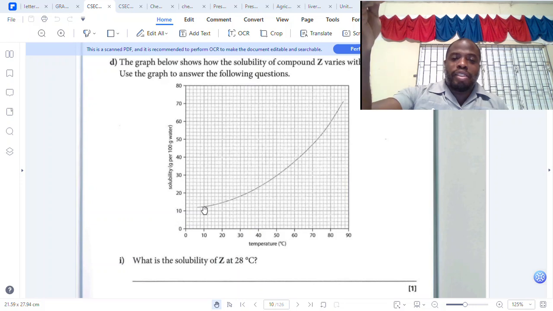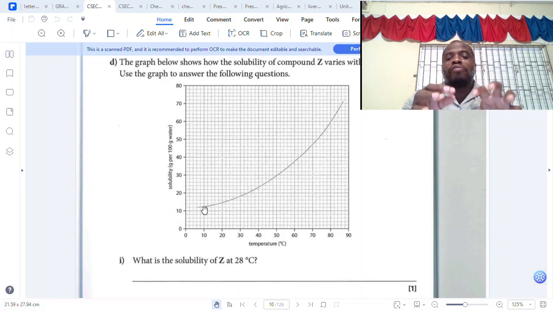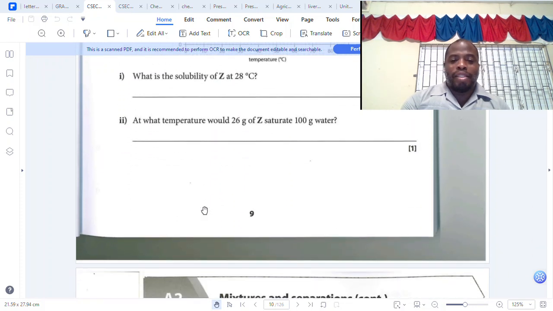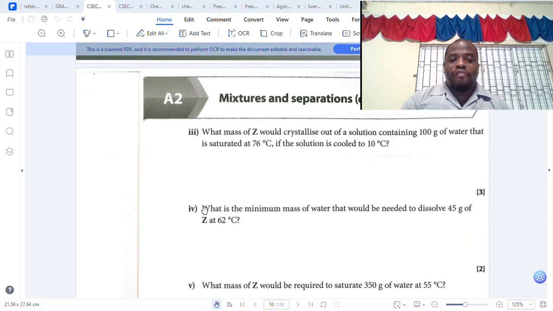If we increase the temperature, we can dissolve more. In this case, we decrease the temperature, so the amount of solute that is capable of being dissolved is going to lessen. So you're going to see it come out of the solution. It's going to crystallize out. So 12 grams, so we now know how much fell out. We will subtract the 12 from the 54, and you can tell me how much you get in the comments. So that's the calculation for that question.